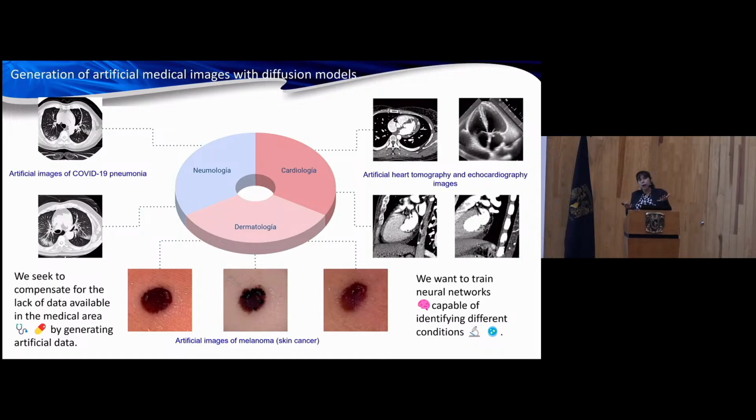Some have anomalies, some are normal, and they have to be balanced, the same quantity for each of them, in order to make these architectures work. So we've been using these diffusion models in the lab in order to compensate for this lack of data for the medical area. And it has worked up to some extent also.